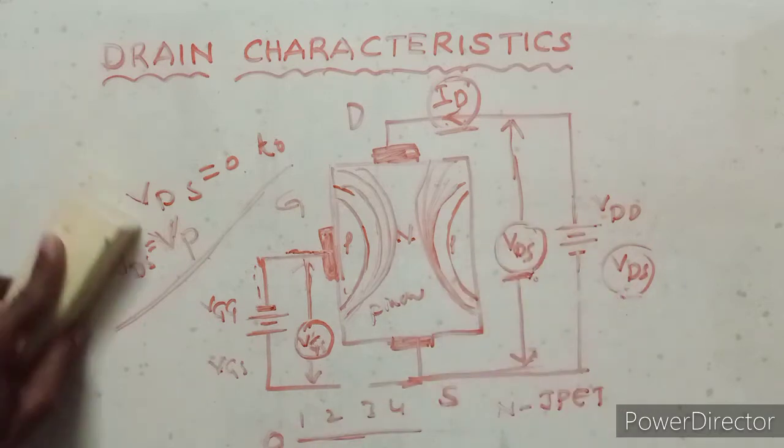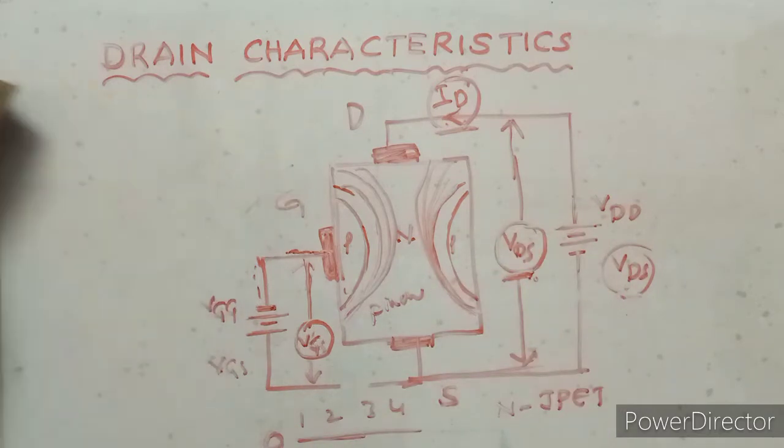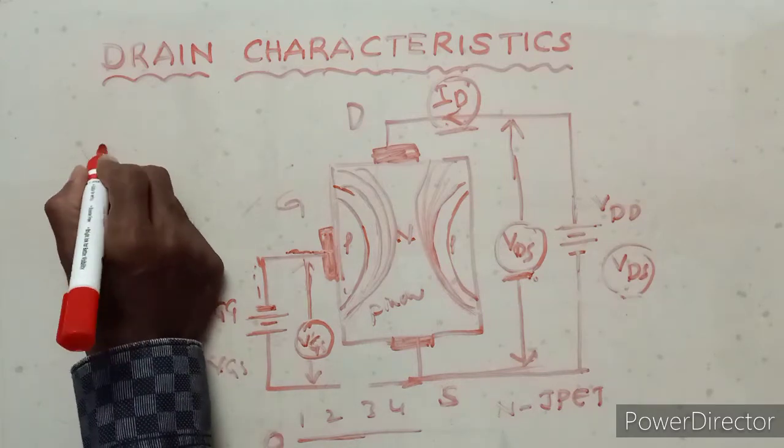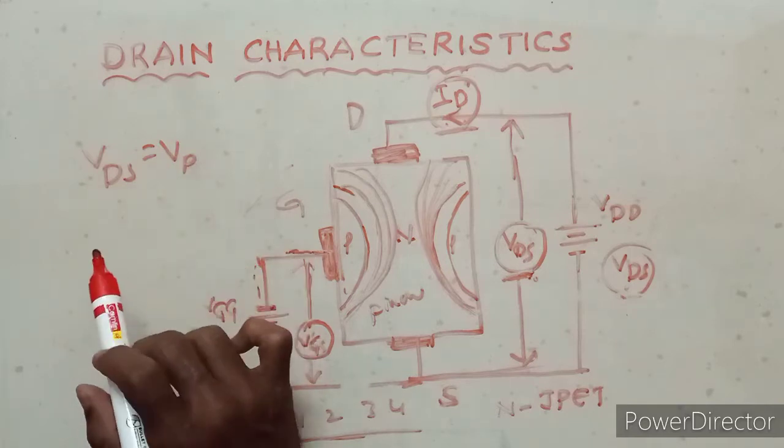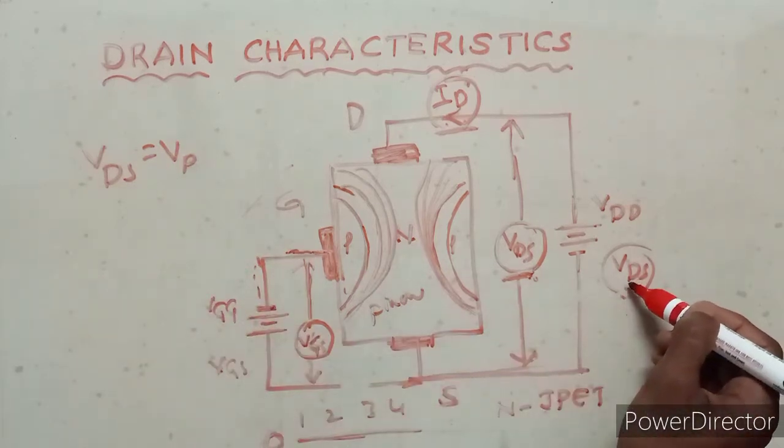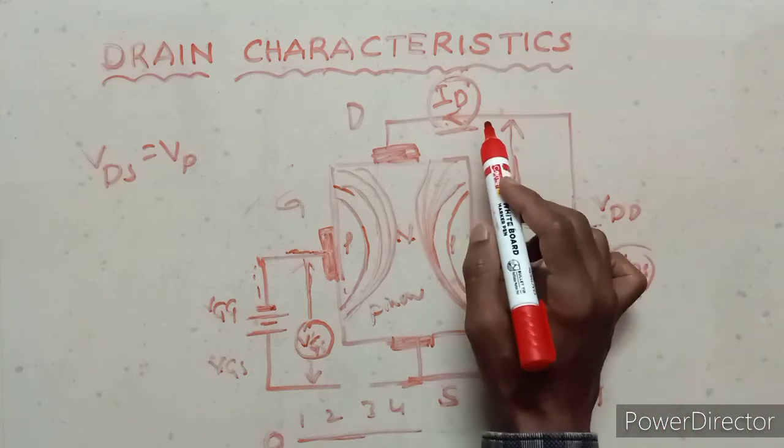And the second condition, VDS equals VP. So this voltage equals the pinched off voltage, and ID becomes maximum.